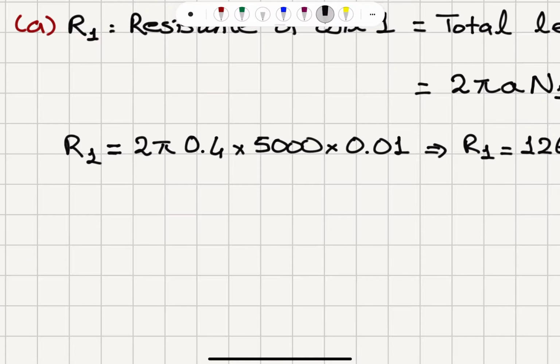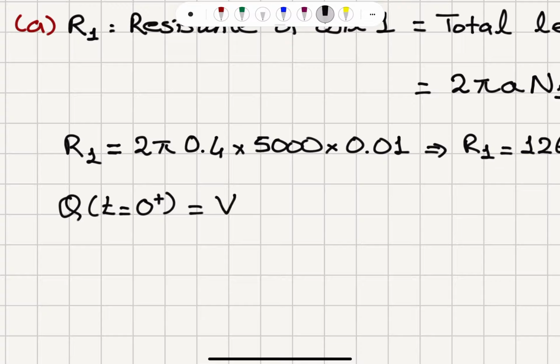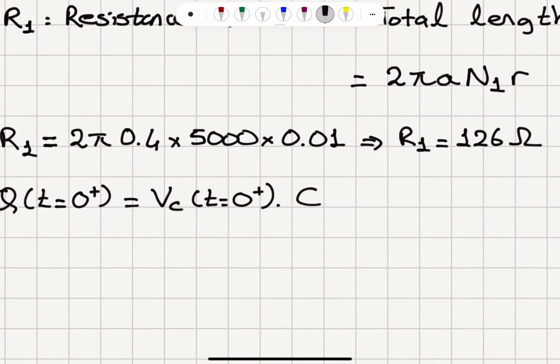Now, what is the charge at t is equal to 0 plus right after the switch is closed? And that's equal to the voltage across the capacitor at t is equal to 0 plus multiplied by the capacitance.